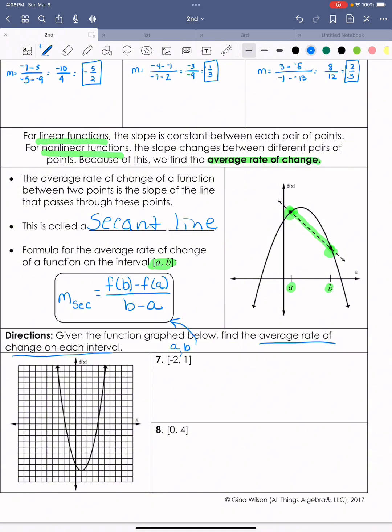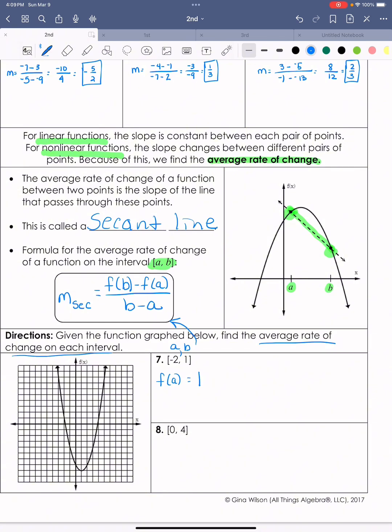So that takes care of b minus a. But what about f of a? Well, if a is negative 2, I'm going to come over here to my graph and find the x at negative 2, and then I'm going to look up to find my y. So where is that point of intersection? And that point of intersection is at positive 1.